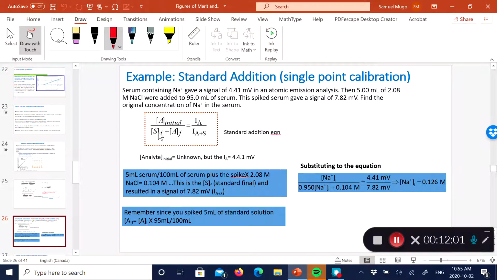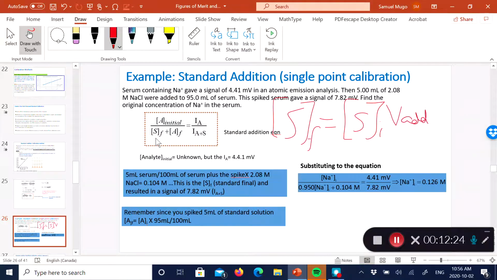And then I need to determine the concentration of the spike because I did the dilution, okay? The concentration of the spike, the standard final, is going to be equal to the standard that I had initially multiplied by the dilution factor, which is the volume added divided by the volume total.